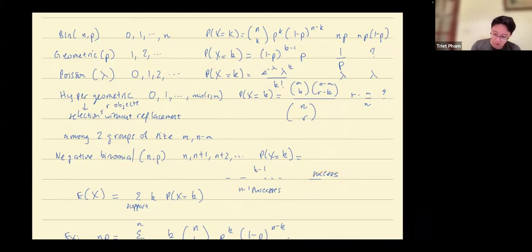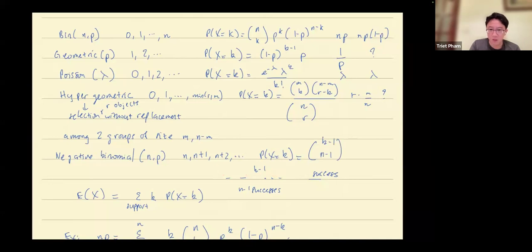So therefore, the calculation is: out of the previous k minus 1 trials, you select a position for the n minus 1 successes.